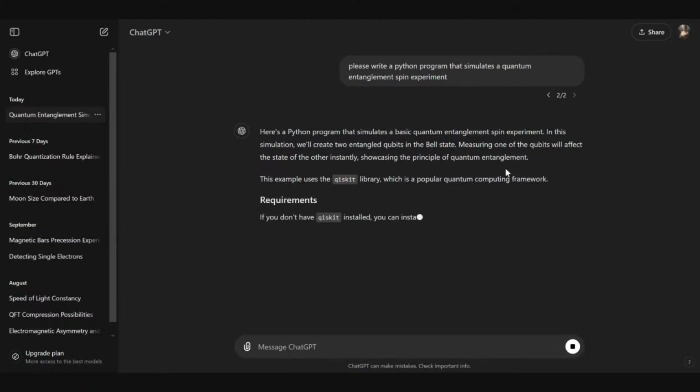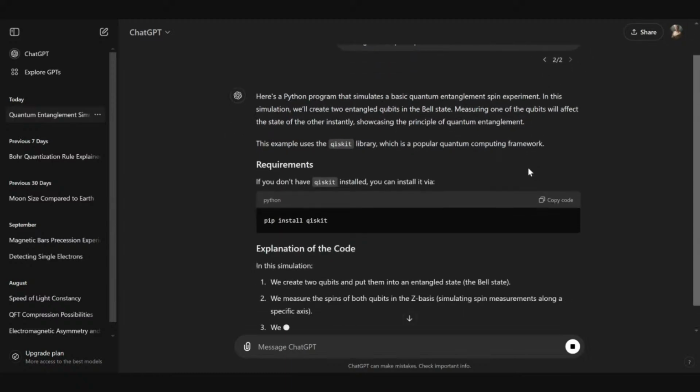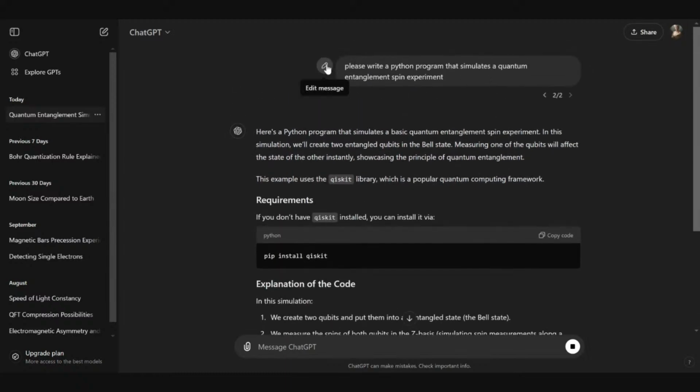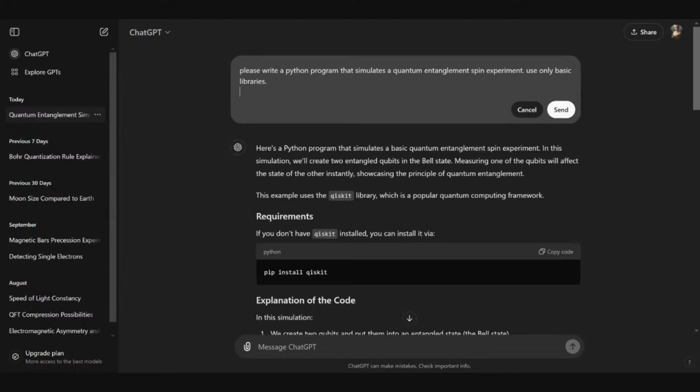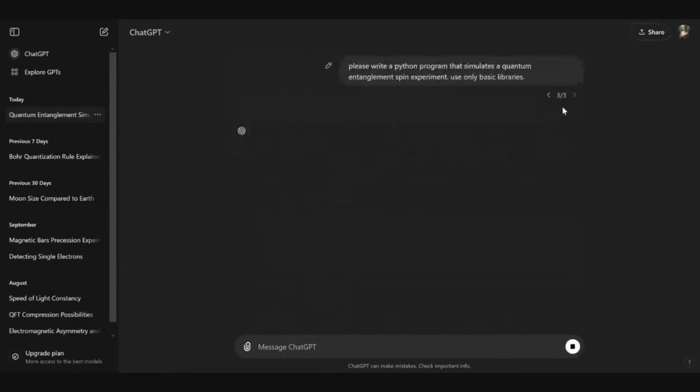The simulation is basic. No, no, no. Don't use Qiskit. Stop it. I mean, you can use NumPy and random. Use only basic libraries. No Qiskit.